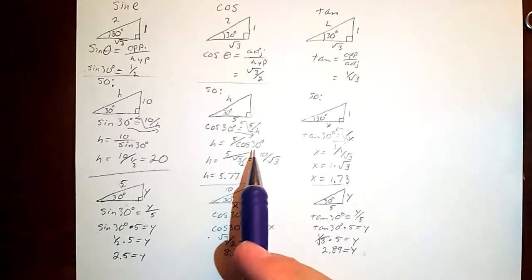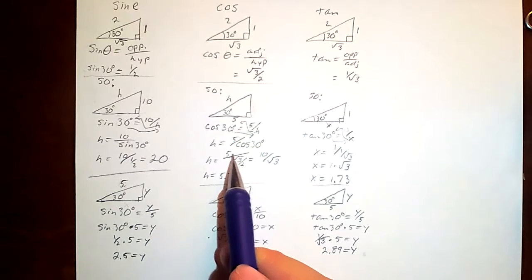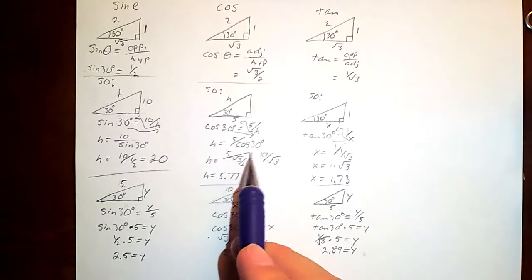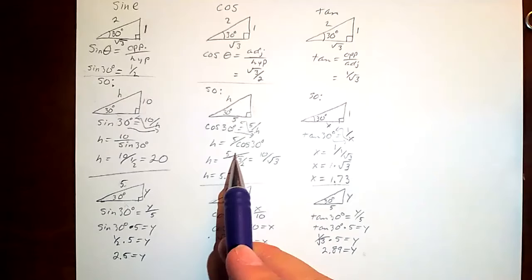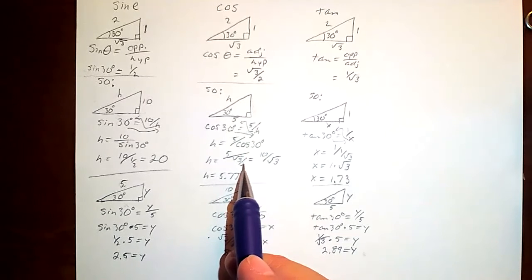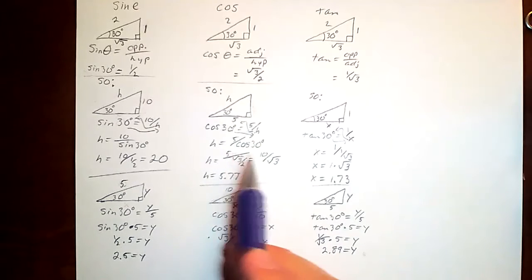Now, maybe you've heard me say stuff like the bottom of the bottom is the top of the top. If you consider this as 5 over 1, then the 5 is the top of the top. There's a fraction in the top of this big line. So I have 5 over 1 over square root of 3 over 2. The bottom of the bottom is the top of the top, which means I can grab this 2 and swing it up here and multiply by the 5, and that's legal.